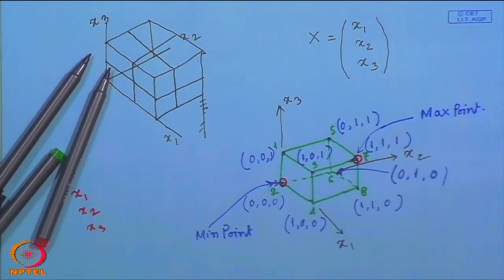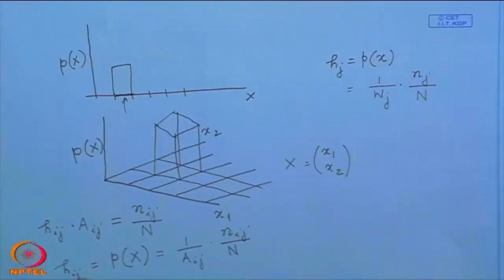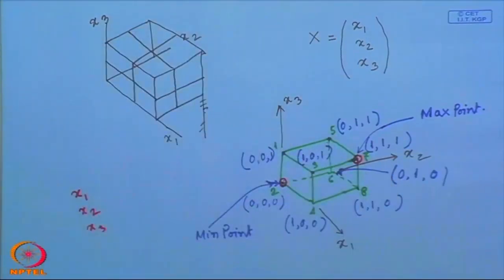So, one thing is clear, that if I know the min point and max point of every volume element, then my volume element is uniquely identified. Now, what is the use of this min point and max point? We said before, whether in one dimension or two dimensional case, that to estimate the probability density function in a cell or a bin, in three dimensional case, each such volume element is a cell or bin.